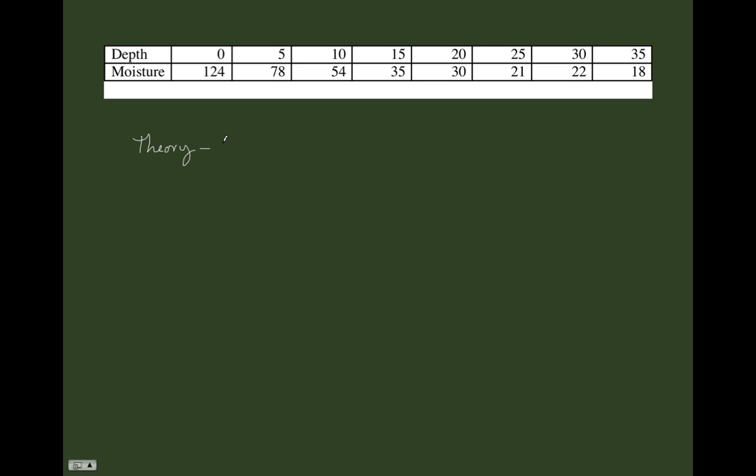The idea here, or the theory, would be that either the depth is linearly related to the moisture, or the moisture is linearly related to the depth, and one is going to depend on the other. I think it makes sense to think about the moisture content being related to the depth.